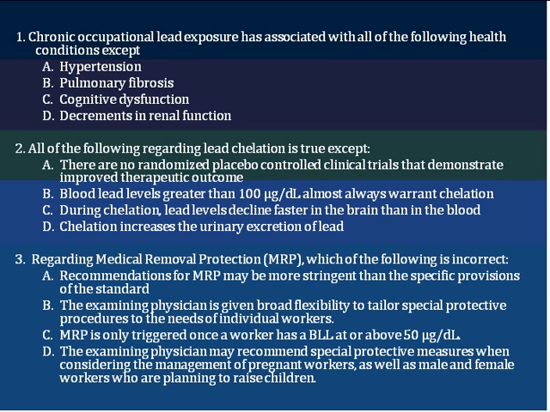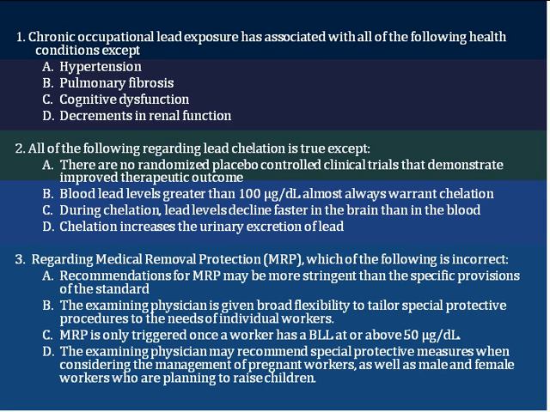C, during chelation, lead levels decline faster in the brain than in the blood. And D, chelation increases the urinary excretion of lead. The correct answer here is C. It's not the case that lead levels decline faster in the brain than in the blood. In fact, the inverse is true. We'll move on to the next question.